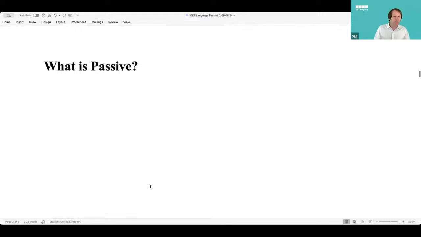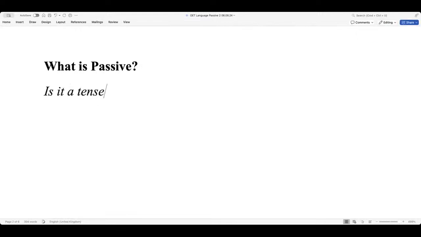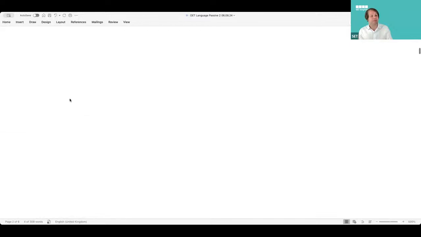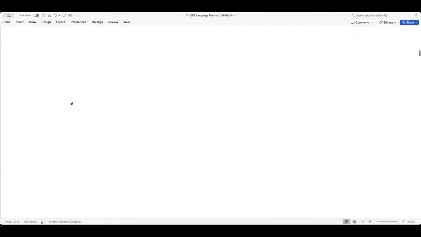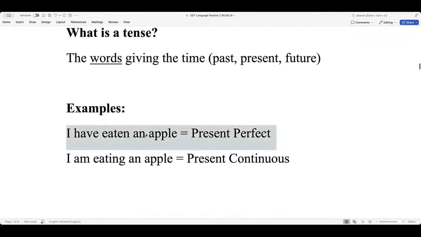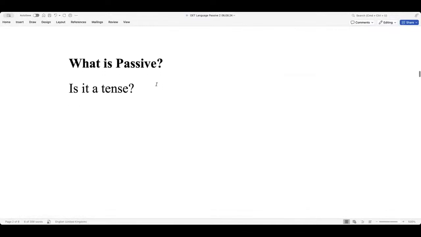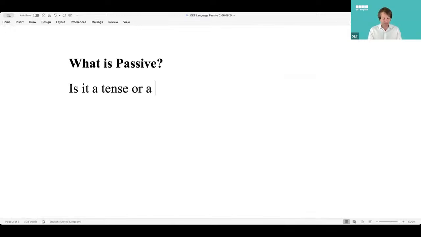Ravi, is passive a tense? Is this passive? I have eaten an apple. Is this passive? No, it's not passive. Okay, exactly. Is passive a tense or a voice?